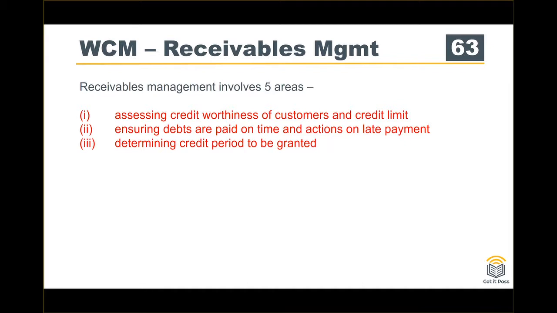And the third one about the receivable management is to determine the credit period to be granted. As in the first point here, we mentioned the credit limit is the money. Okay, and how about the credit period to be granted? In general, a new customer, he or she has no trade record with you, has no transactions record with you before.